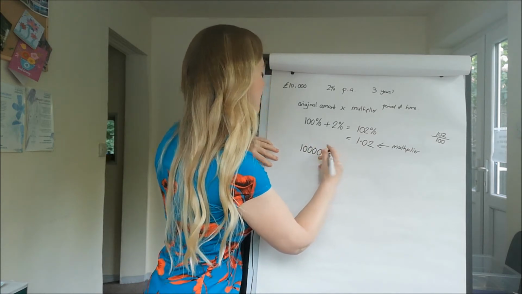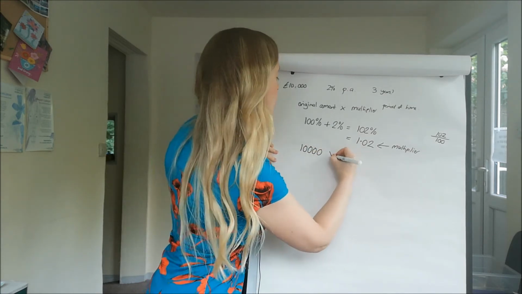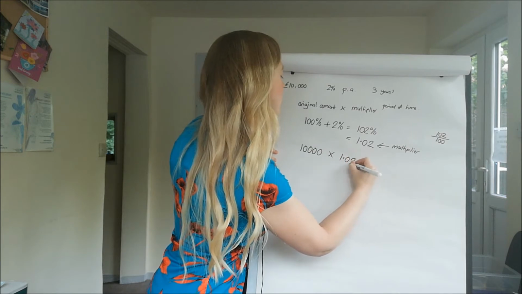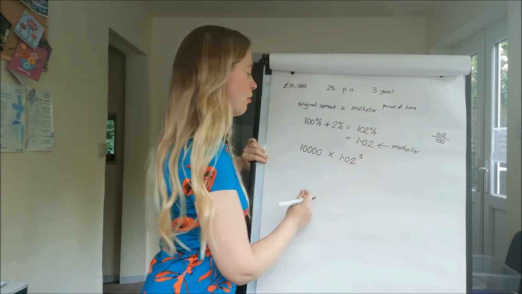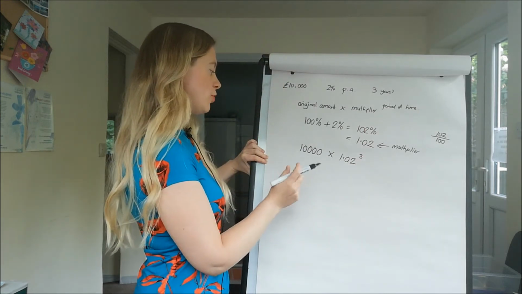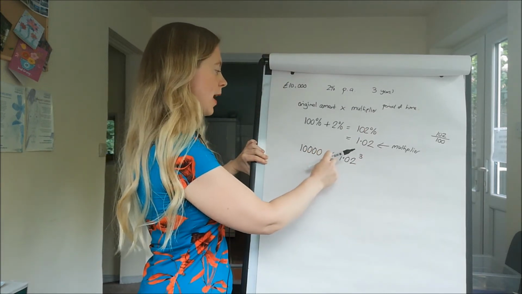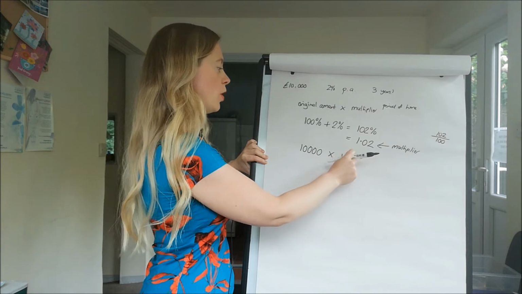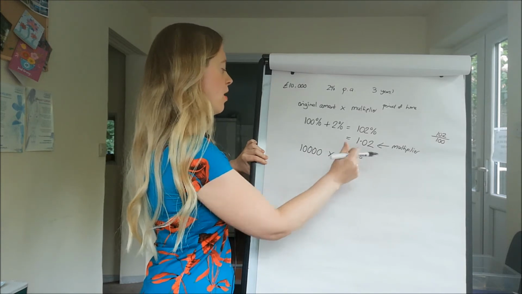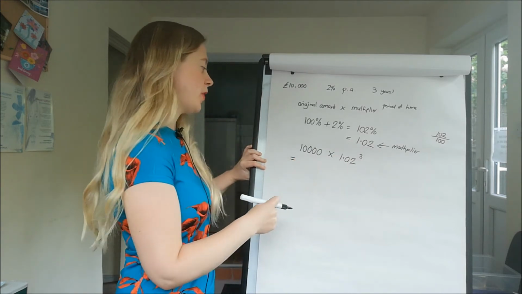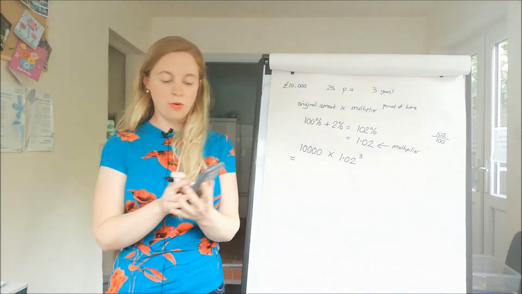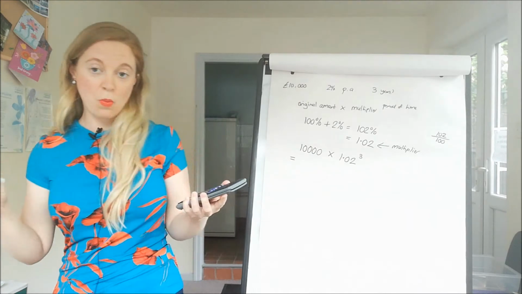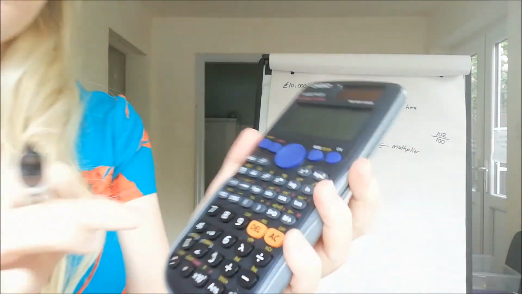So the original amount is 10,000, the multiplier is 1.02, and the period of time in the question is 3. So we'll do 10,000 times 1.02 to the power 3, and that will just go into the calculator. All right, I'll put it in my calculator and then I'll show you. In fact, I'll come and show you if I can what I'm pressing so that you can see.